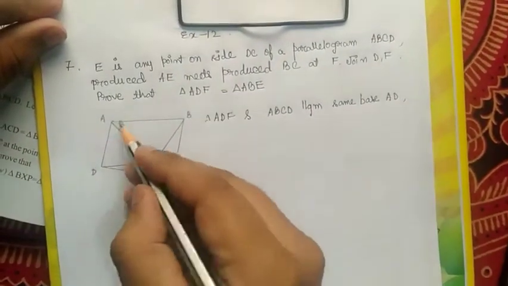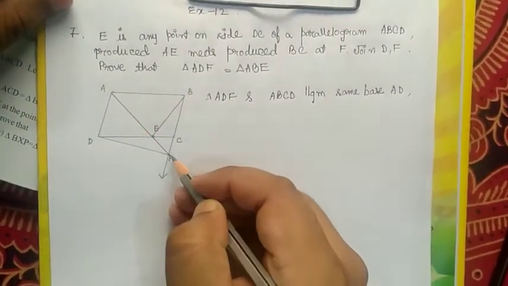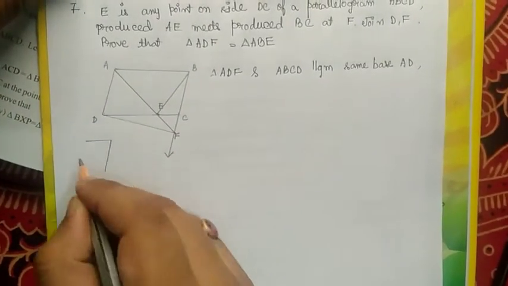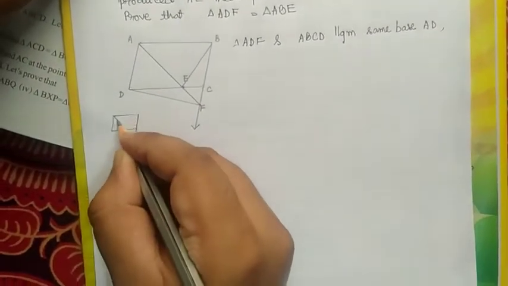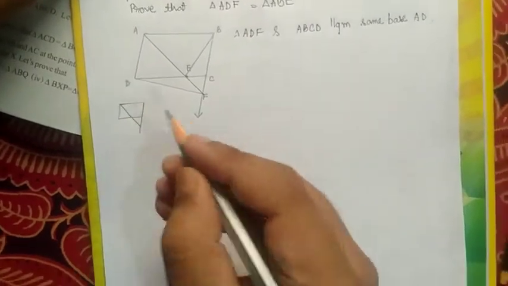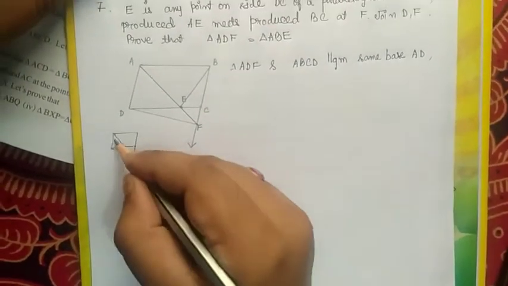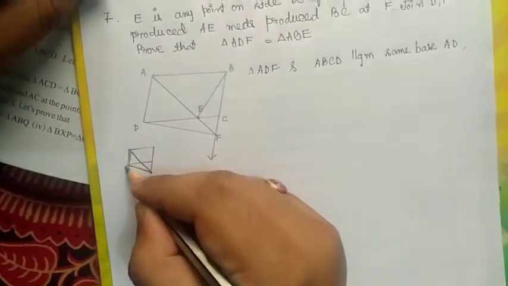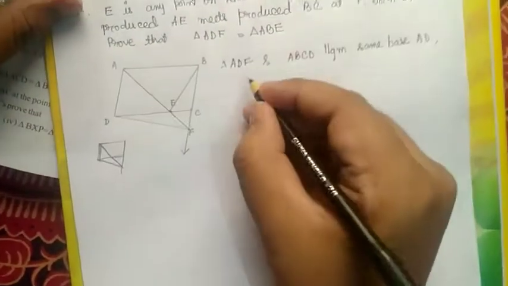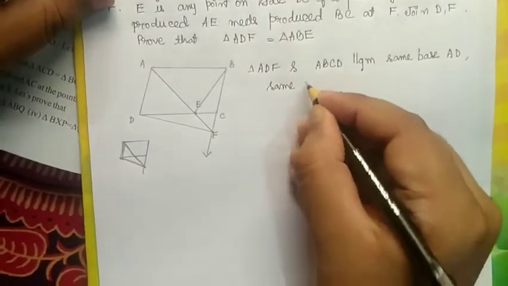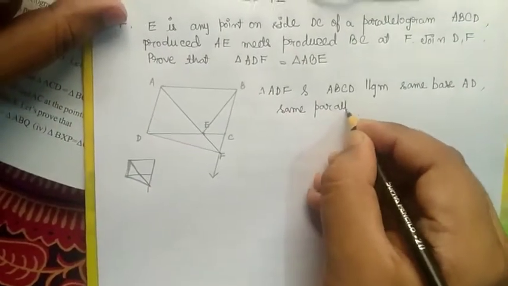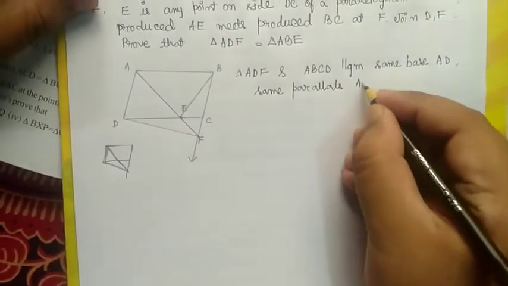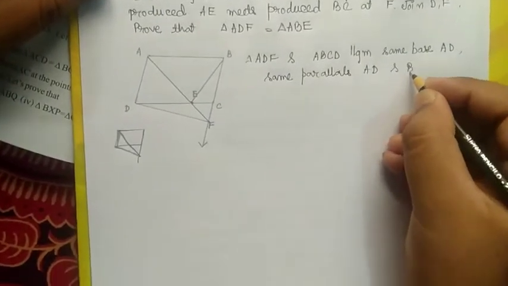This parallelogram ABCD and this triangle ADF, like the diagram. So this triangle and this parallelogram, same base AD and same parallels AD and BF.